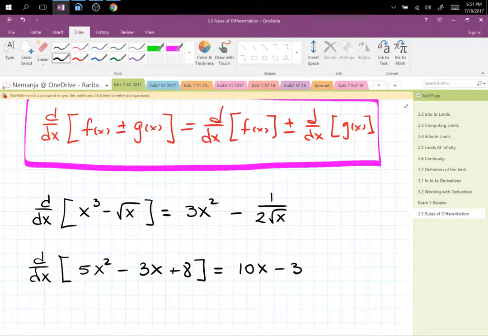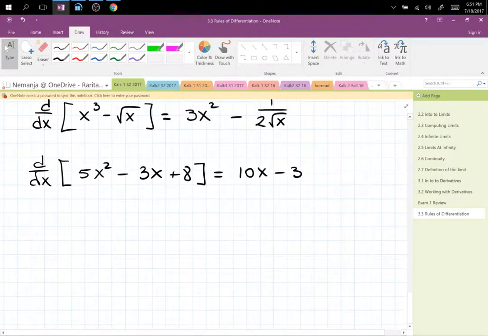I would like to take one problem from the homework. This is about half of the lesson so far. So here's one from the homework.